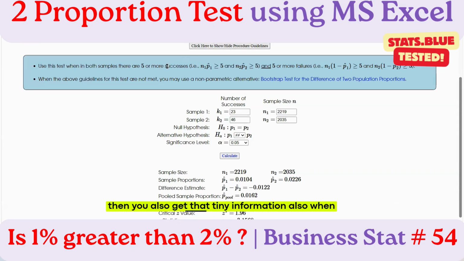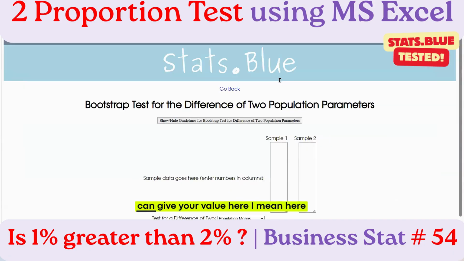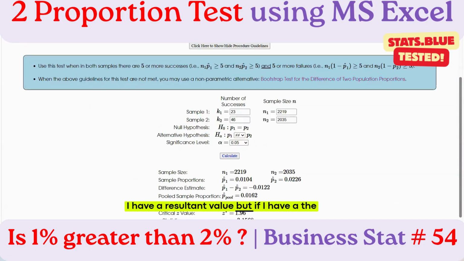And you also get tiny information on when to use this test and all that. If the above guidelines for this test are not met, you may use a non-parametric method like bootstrap. So you can give your value here. Here I have a resultant value, but if I have the data set, I can also do that. So I hope you find it useful.